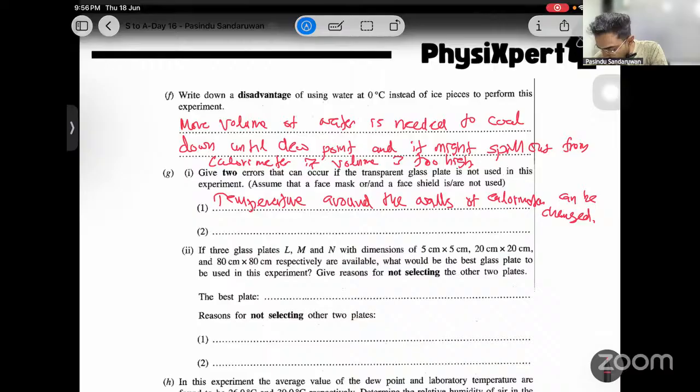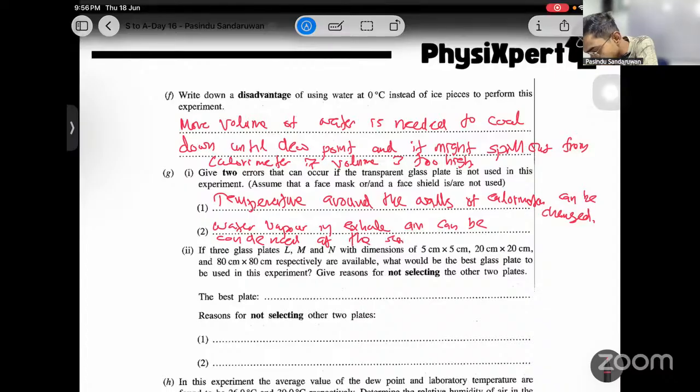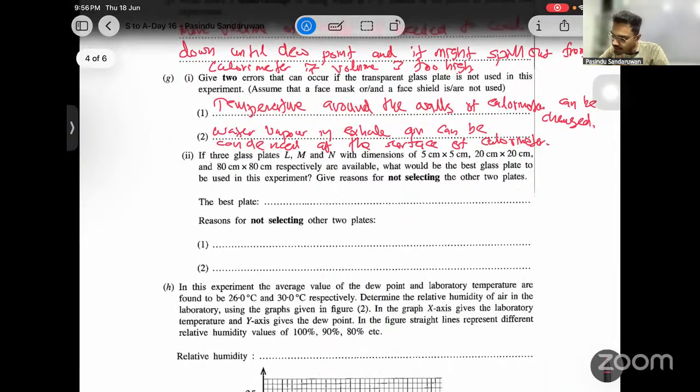Water vapor in exhaled air can be condensed at the surface of the calorimeter.